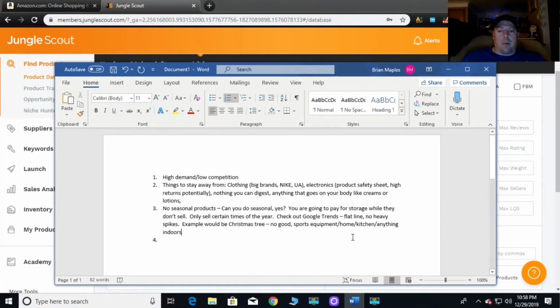Actually, sports equipment's a bad one. That could actually be seasonal as well. But home, kitchen, anything indoors. So here's an example. Christmas tree, no good. That would be a bad product to sell.